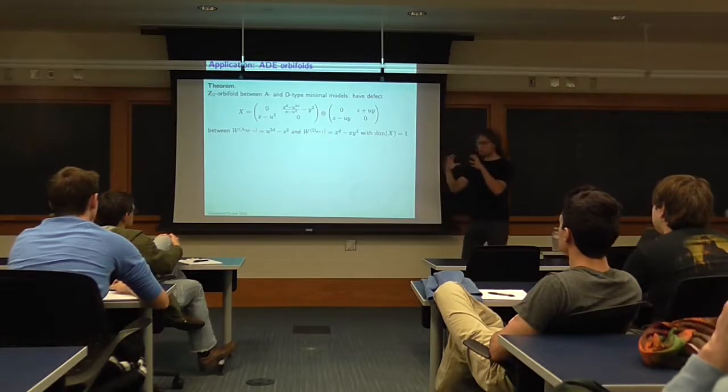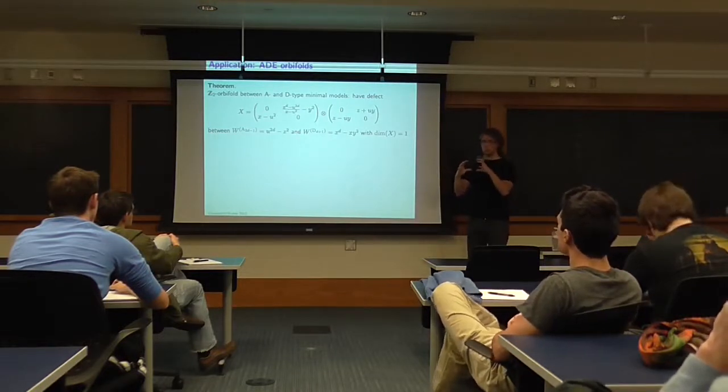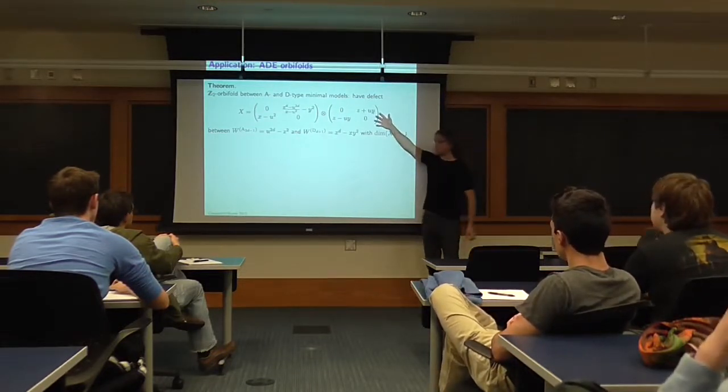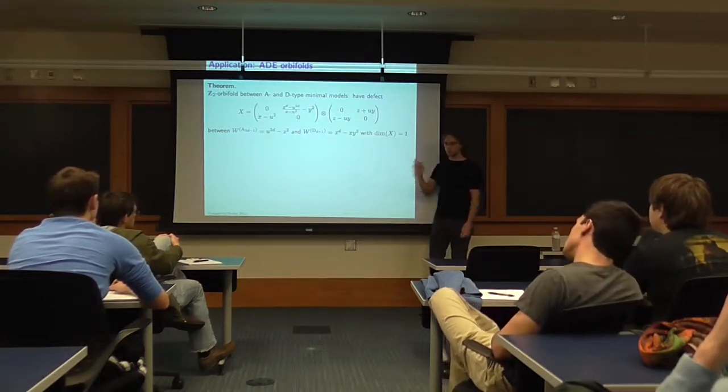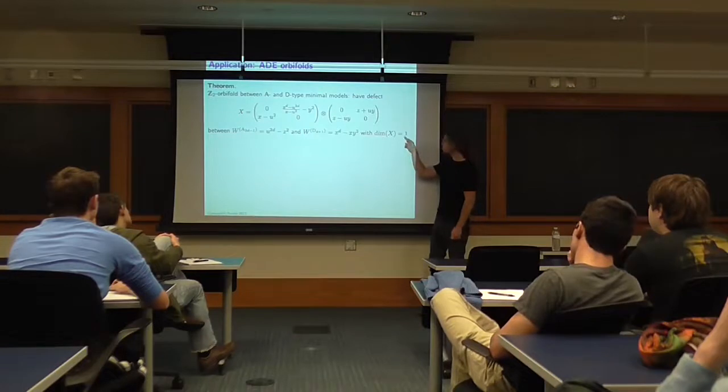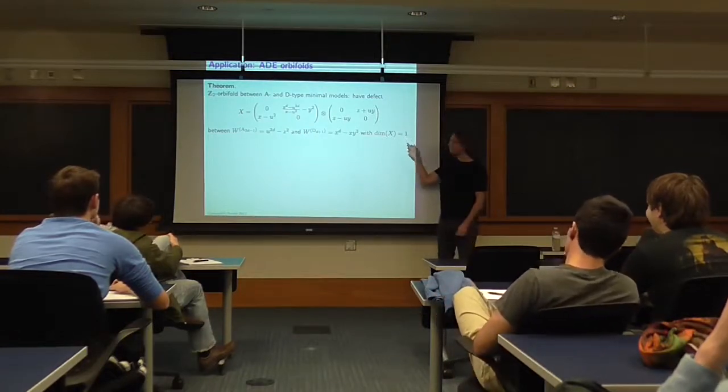And now I can take my residue formula and compute the quantum dimension of this 4x4 matrix and find that it's 1 or 2, I forget. In particular, it's not 0. It's 1, I remember.